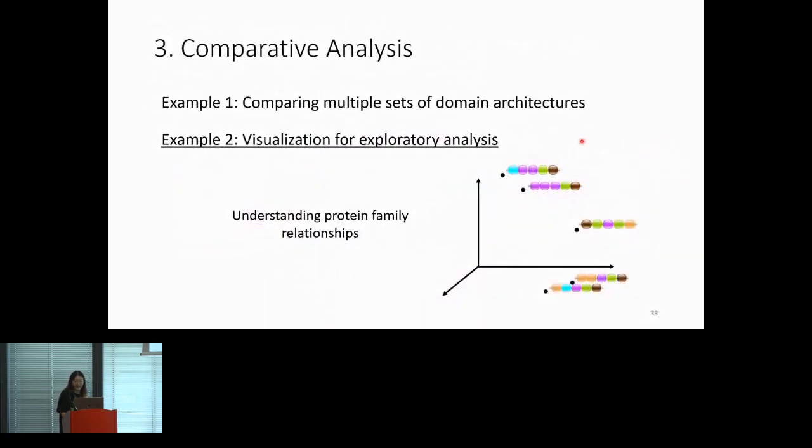In my second example, I'm going to show you how a visual representation of an embedding of human domain architectures can be used to explore relationships in multi-domain families. People like to group proteins into families. But what are protein families? Protein families are defined in various ways. Some people think of them as homologous sequences that share common ancestry.